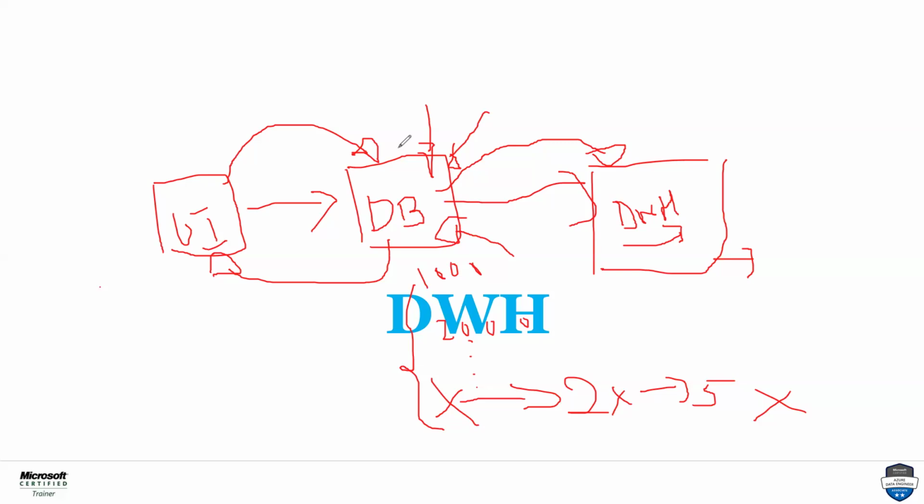As the data increased a lot, people realized there should be a separate mechanism to process the data within the cloud. The traditional data warehouse system might not be enough. Again the data grew, and then big data came into the picture. The big data concept came into the picture.